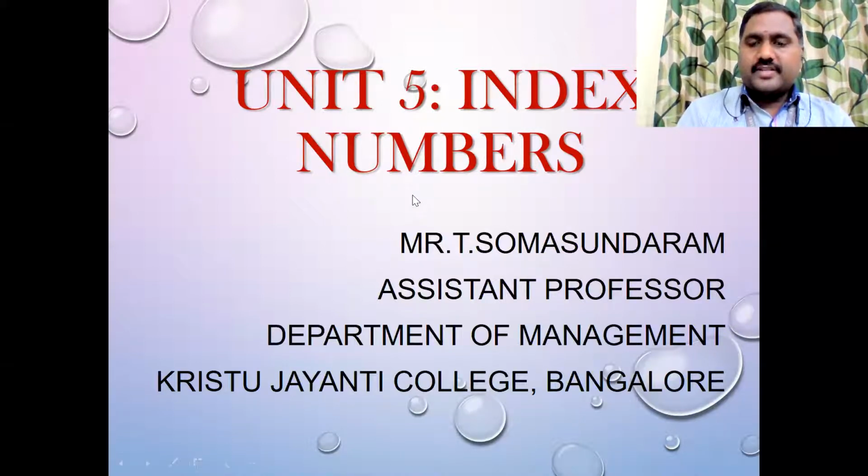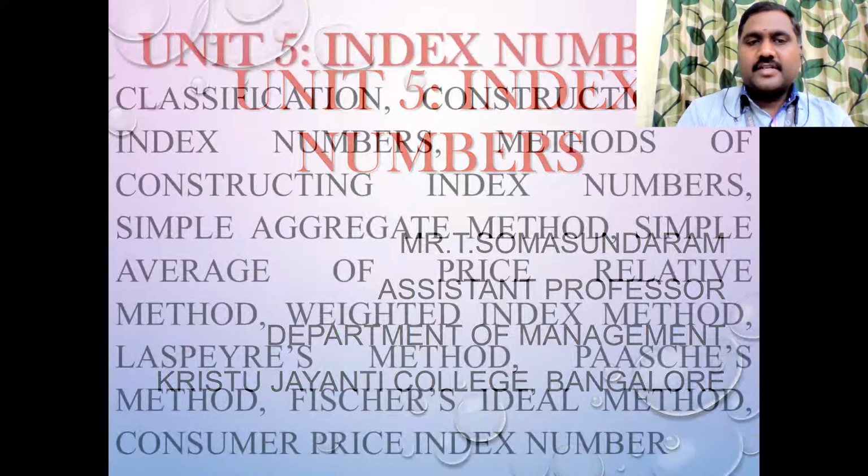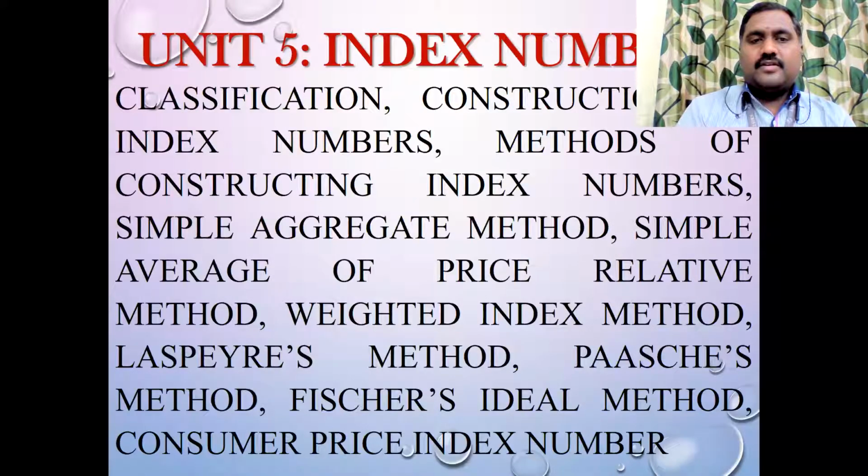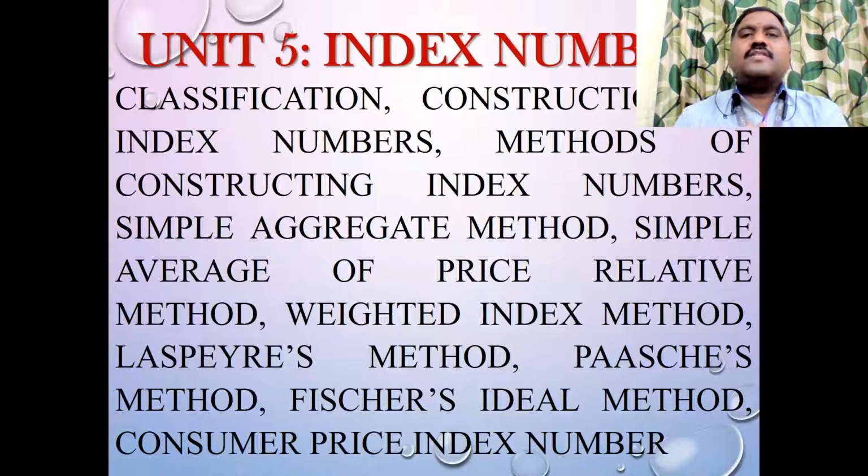Okay, so index number, and this is your syllabus content. We will be discussing what you mean by index number, types of index numbers, how to construct the index number. When you are constructing, we need to follow two important methods. One is the simple method, another one is the weighted aggregate method. Under each method, you have two types of methods. Under those methods only we will be working on the problems.